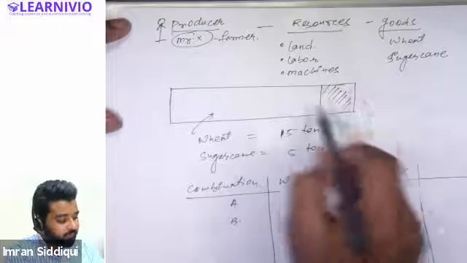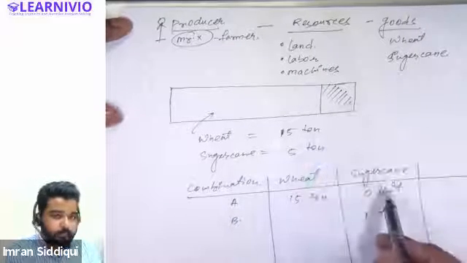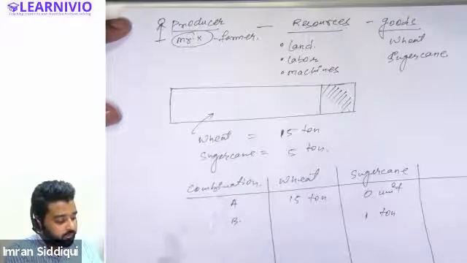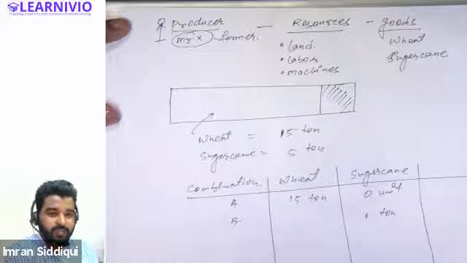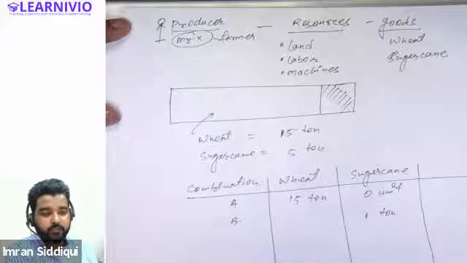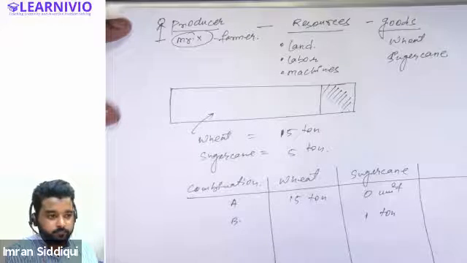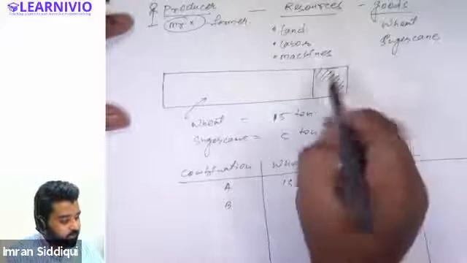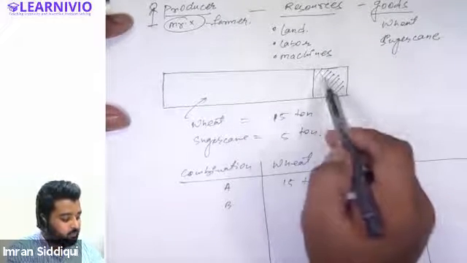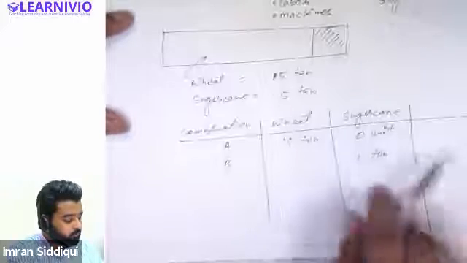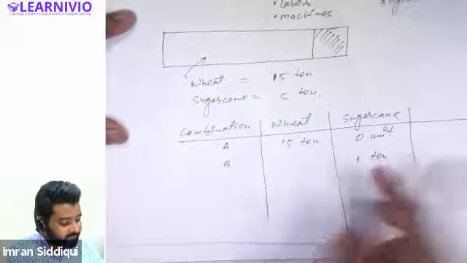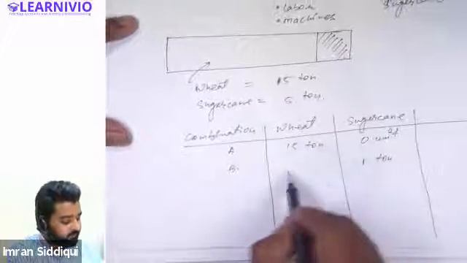And a certain amount of area will be reserved for sugarcane. Hence now fewer resources will be available for the production of wheat. So when resources allocated for sugarcane increase, at the same time, production of wheat will decline.